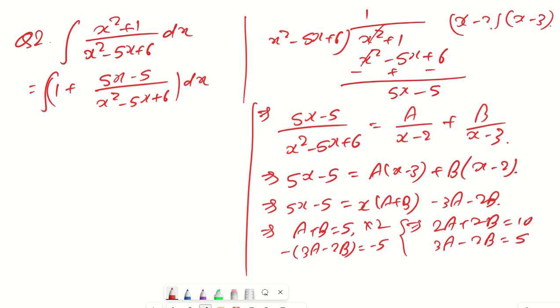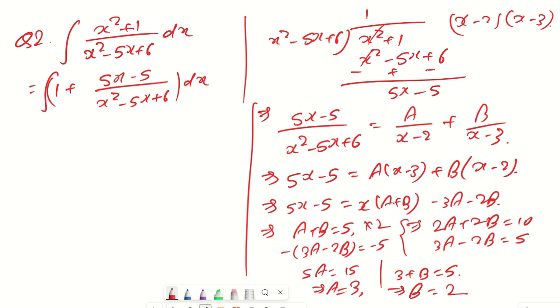So if you add them both, you are going to get 5a is equal to 15. That implies a will be 3. And if you put 3 in one of the equations, we are going to get what? 3 plus b is equal to 5. So from here b will be equal to 2. So we have the values of a and b, which is 3 and 2.